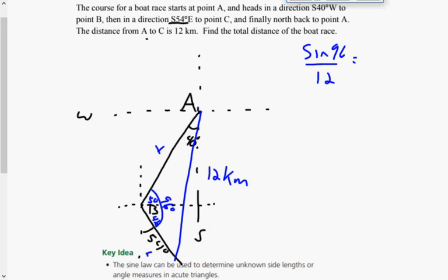Now, what I failed to put down on here, or mention before, that we should bring up now, is that from point C, he heads north back to point A. So that means from point C here, he heads straight north. Okay? So that means this line and this line are also parallel.